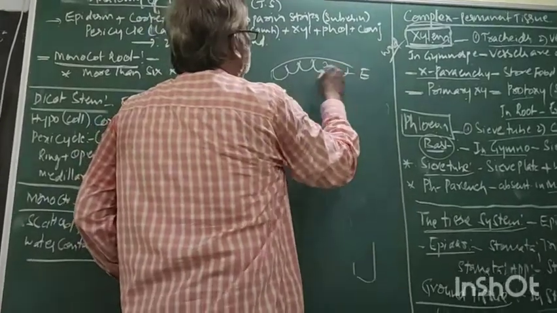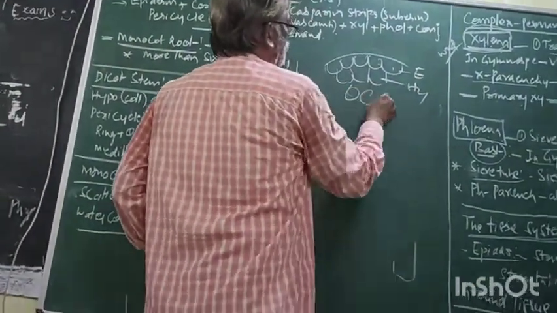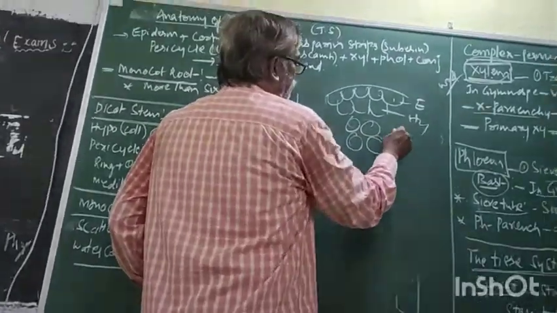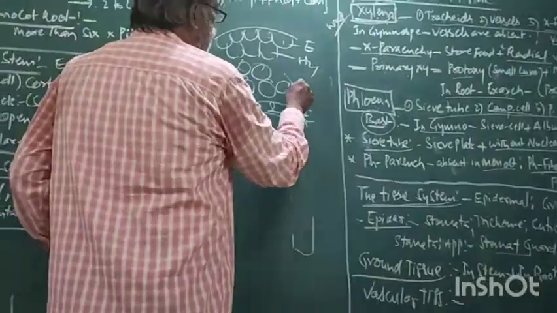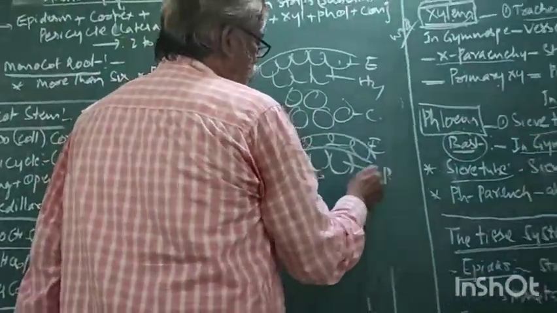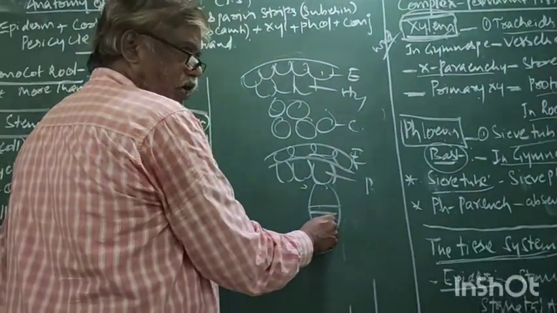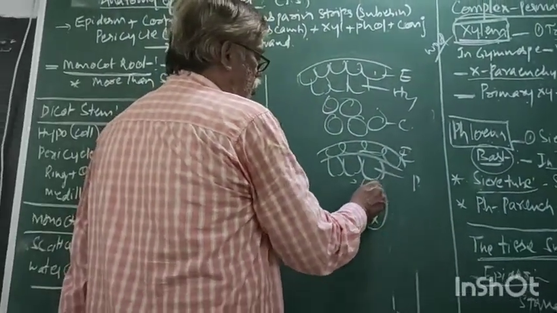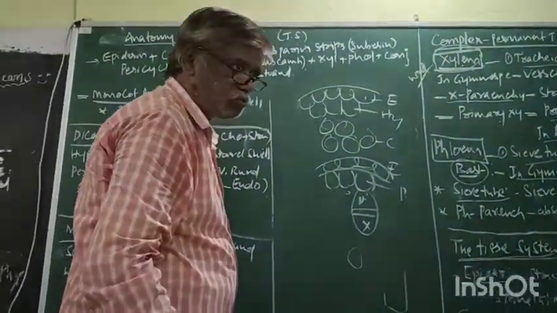It is epidermis. It is hypodermis. Cortex. Endodermis. Now, pericycle. Cambium. Xylem. Phloem. Now, this is the internal structure.